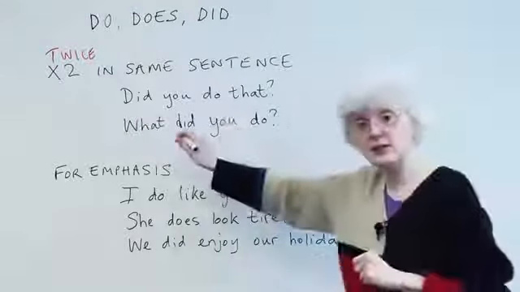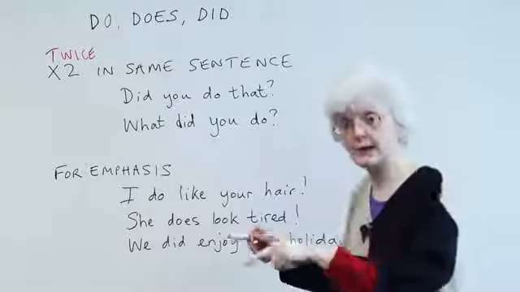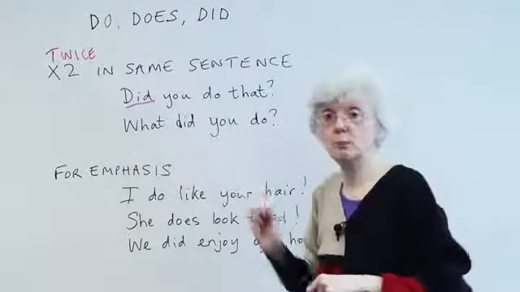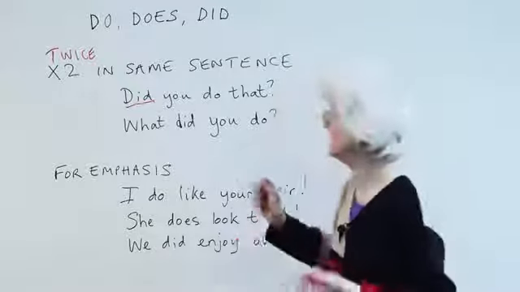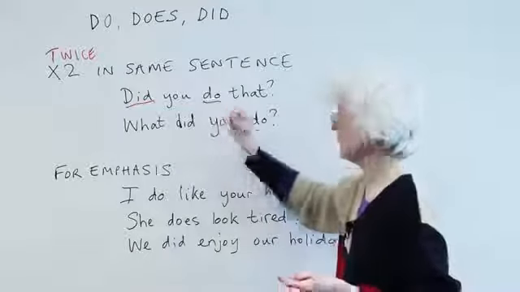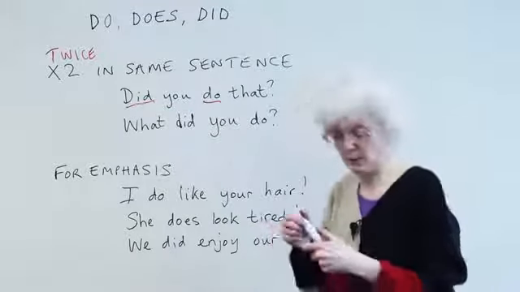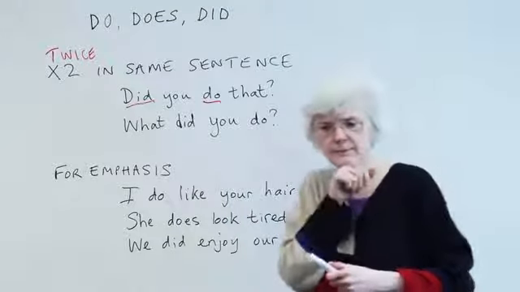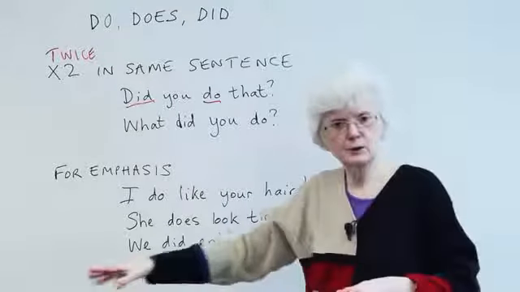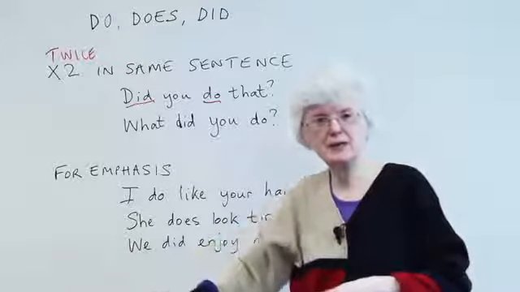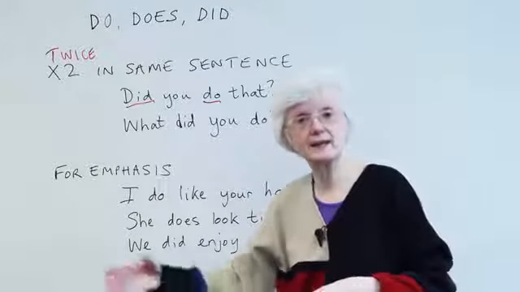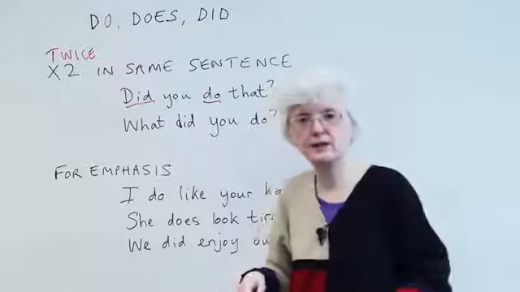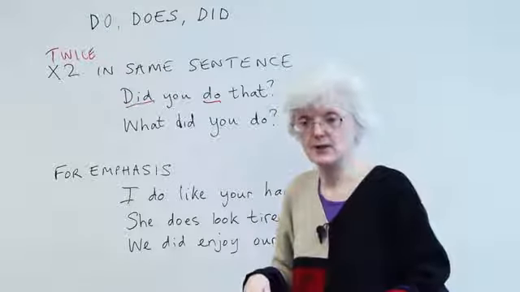Here it is. Did you do that? So did, past tense of to do. Did you do that? Maybe, I don't know, a little boy has been playing around and broken something, and his mother comes and says, did you do that?